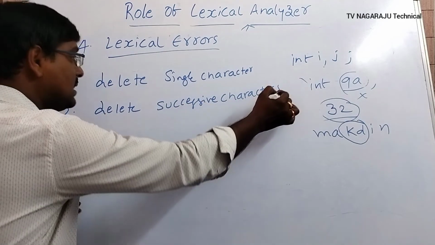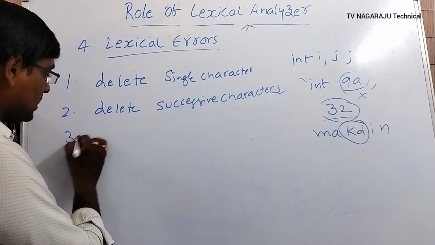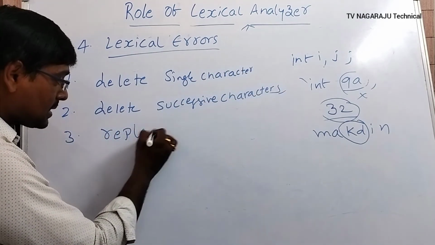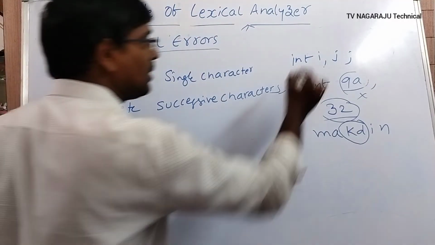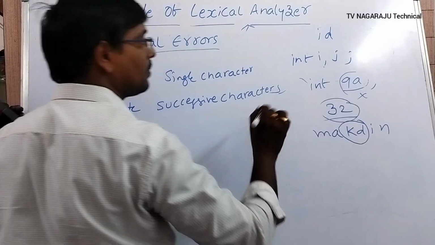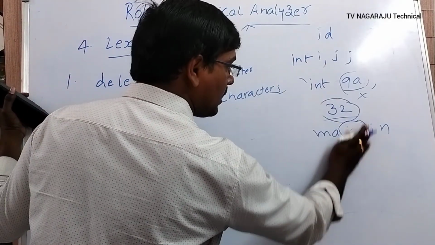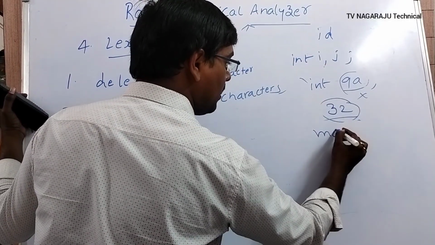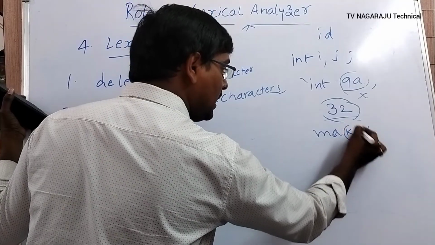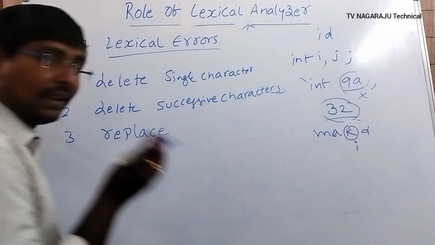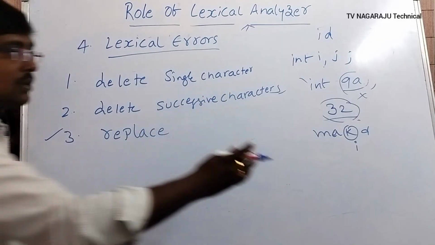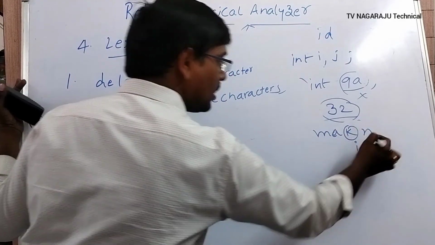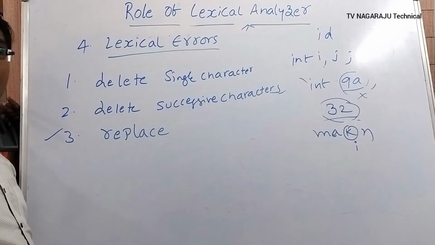Or replace one character with another. For example, consider MAKD. Simply replace K with I. After replacing, MAIN, that is the valid one.